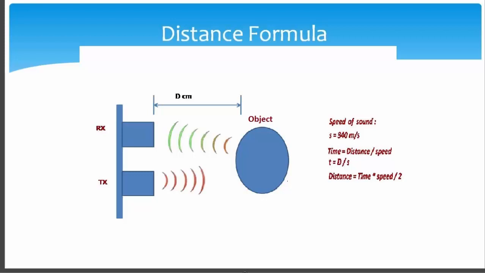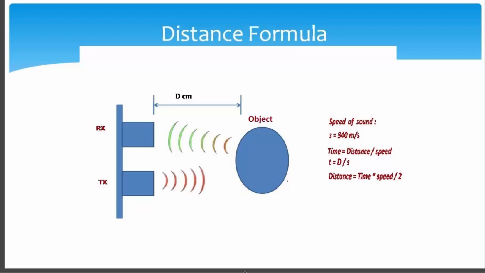So the total time taken by the ultrasonic wave to travel from transmitter of the sensor to the object and again from the object to the receiver is given by the output of the sensor.